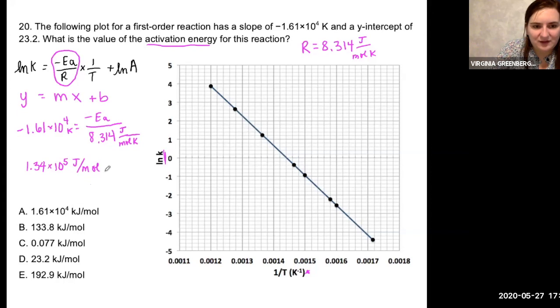We can handle that by just adjusting for a factor of 1,000. And we can see that the answer is B. Okay, so don't forget, you can't just directly use the slope here. You have to adjust for R.